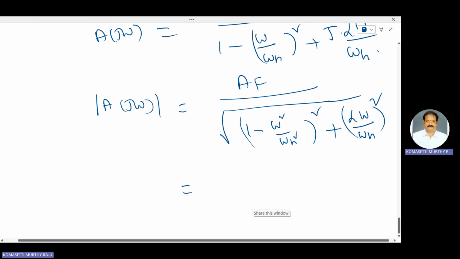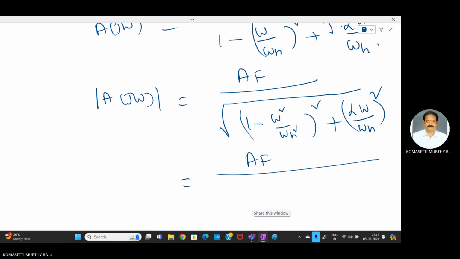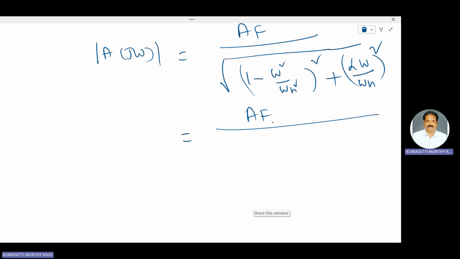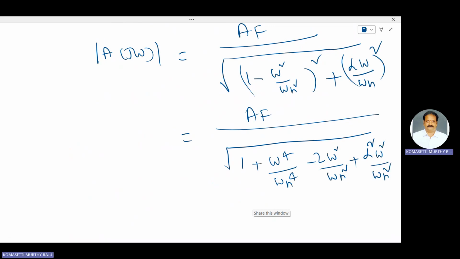That is equal to AF by square root of 1 plus omega power 4 by omega H power 4 minus 2 omega square by omega H square plus alpha square omega square by omega H square.